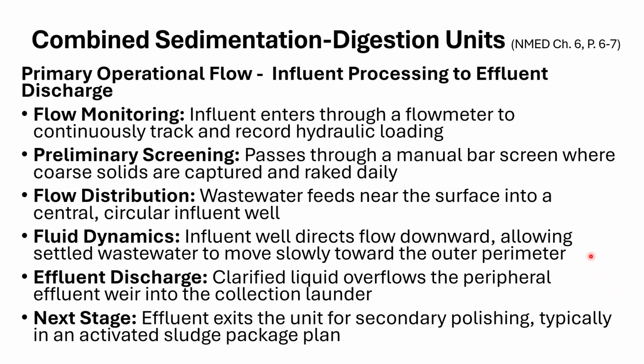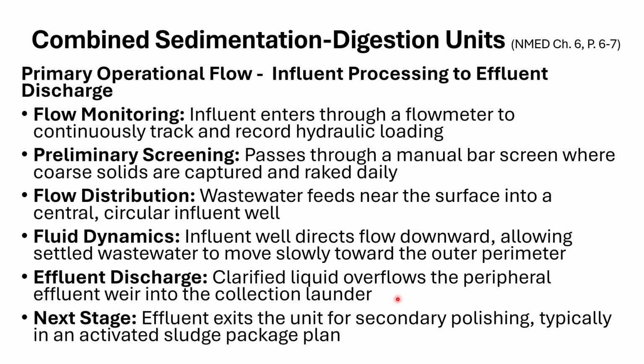So instead of going up, hitting a baffle and spraying down, it's basically going to flow downward initially, and then flow outward just like the primary clarifiers we talked about. And that clarified liquid is going to overflow on the edge of that circular basin. You're going to have an overflow weir, and we'll take a look at a couple in just a bit.